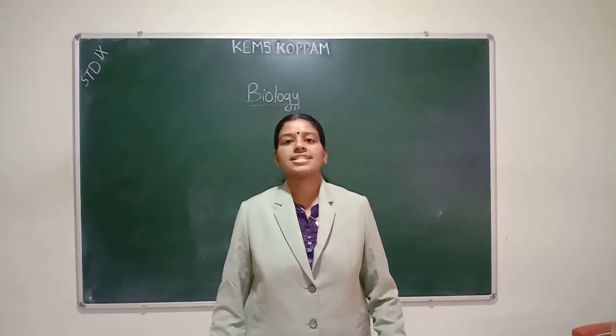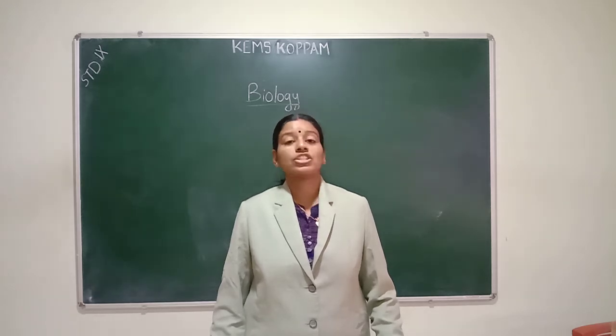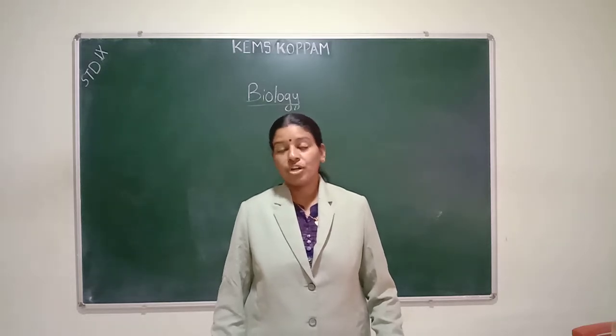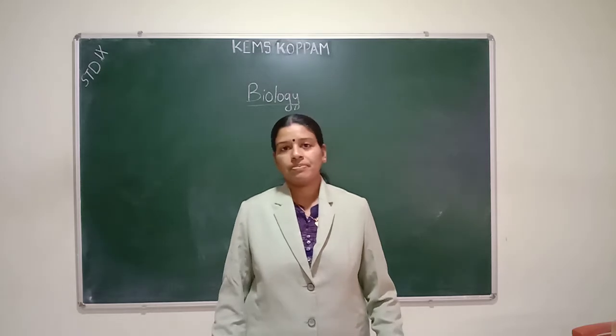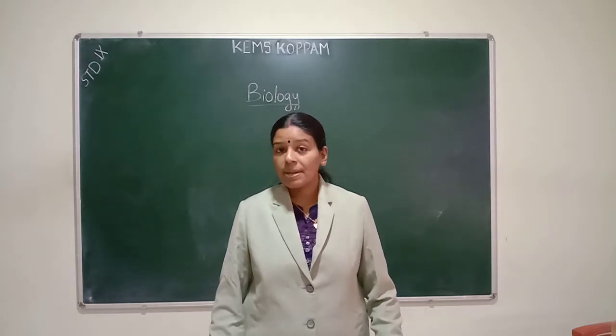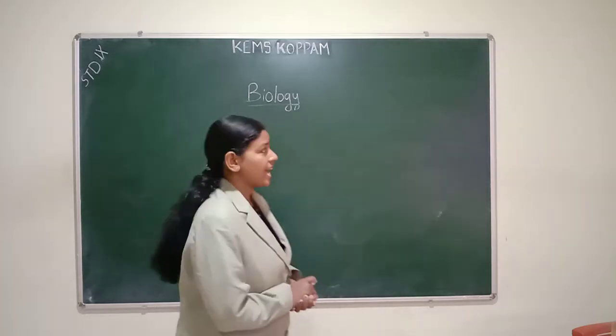Let me tell you one example. The shape of a nerve cell. What is the function of a nerve cell? To carry messages to the brain. So, its shape is elongated, to carry messages.